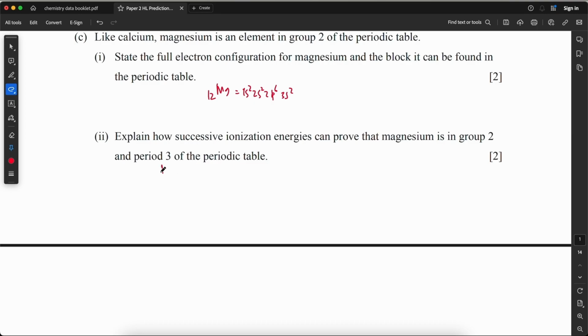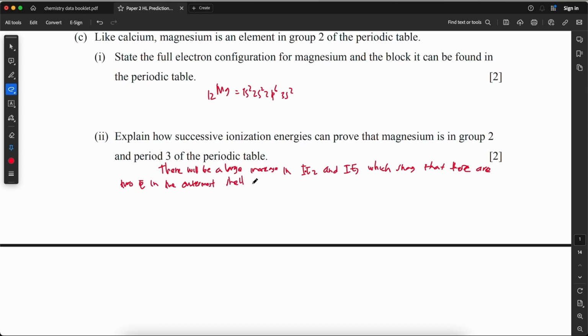So there will be a large increase in ionization energy between the second ionization energy and the third ionization energy, which shows that there are 2 electrons in the outermost shell.